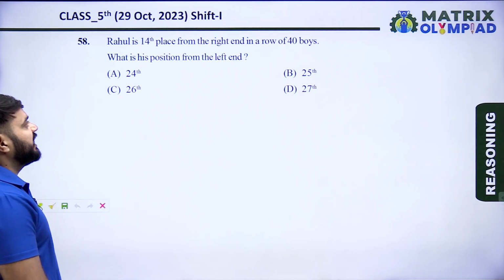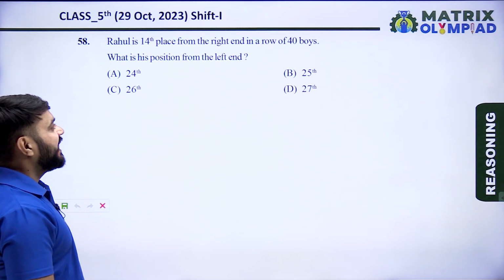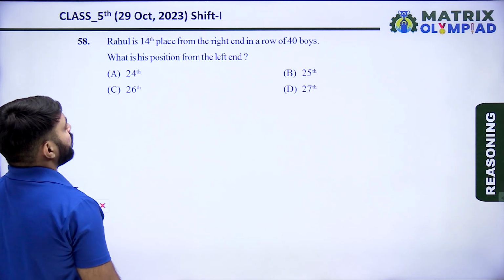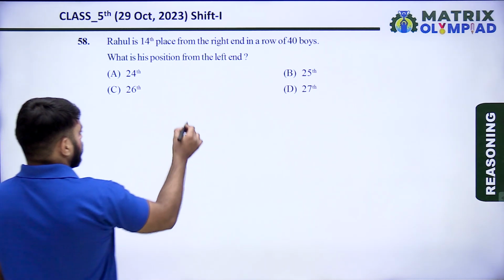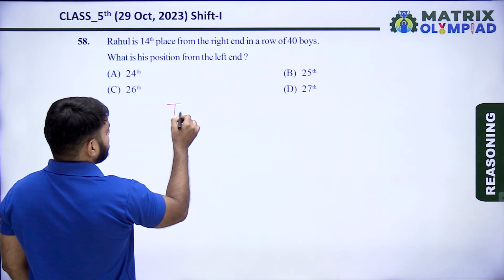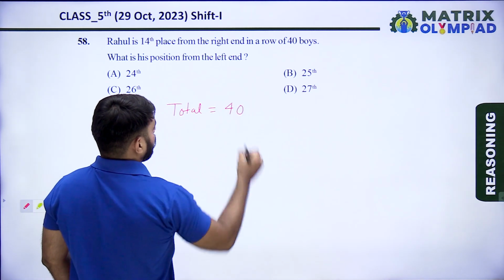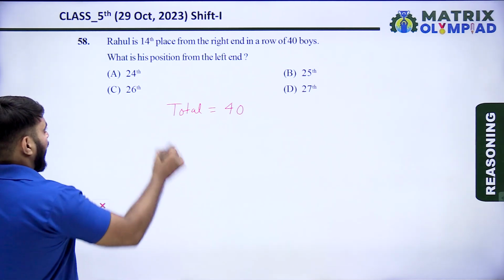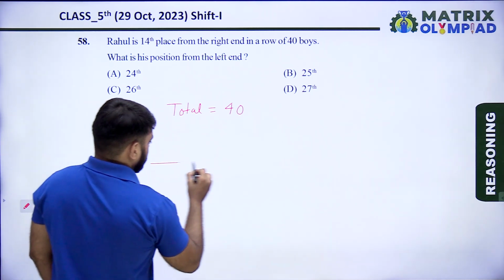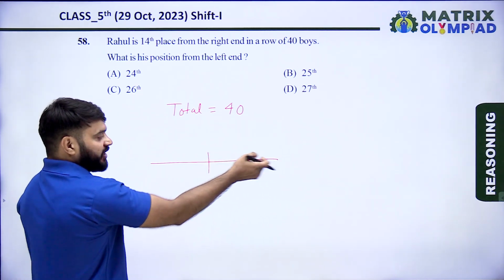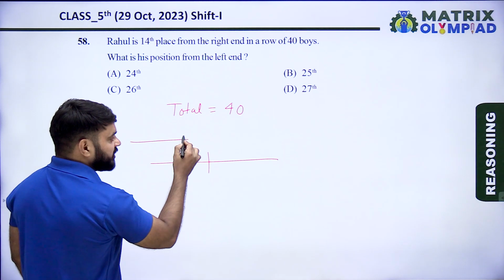Rahul is 14th from the right in a row of 40 boys. What is his position from the left end? So given, the total number of boys is equal to 40, and Rahul's position from the right. So this is the right end of the row and this is the left end of the row.